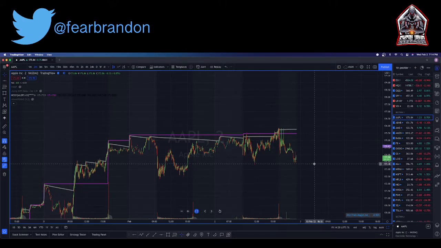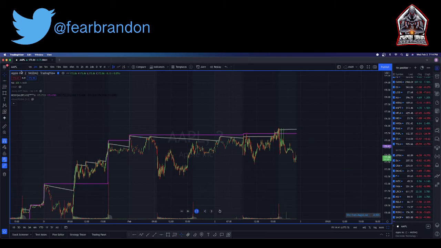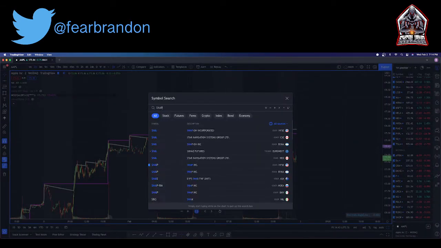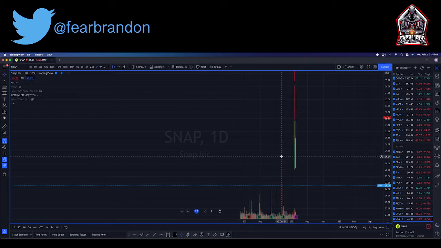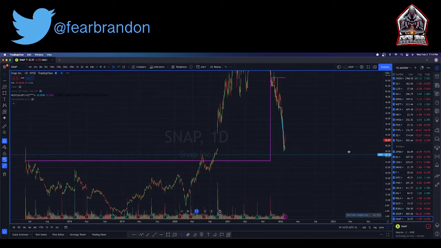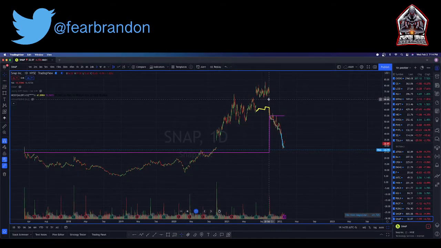Definitely watch Snapchat and Pins and how they react to their new user numbers. Snap's been missing. This is like the third time they've missed, and they're just going down, which is probably why they're down a lot today, because PayPal's numbers are hurting. But I mean, Snap's been missing.